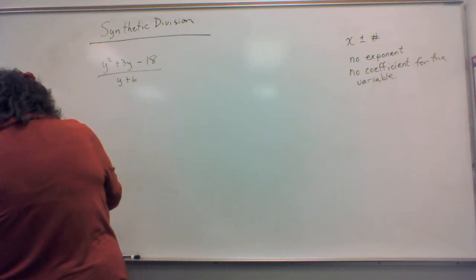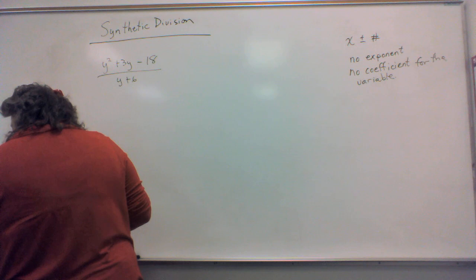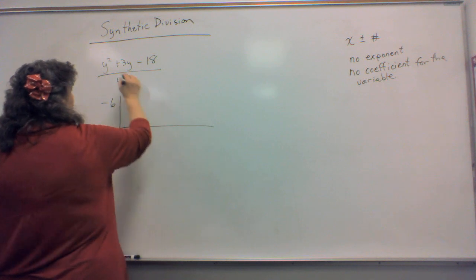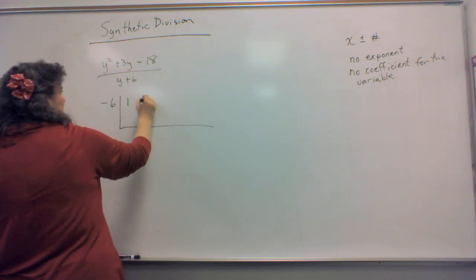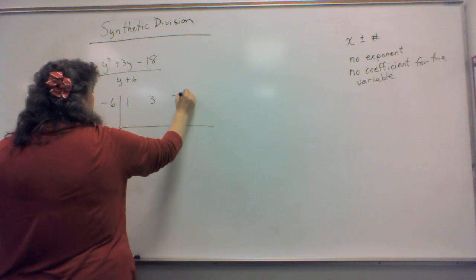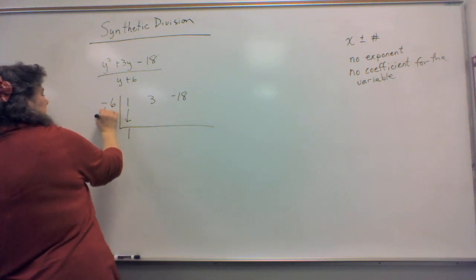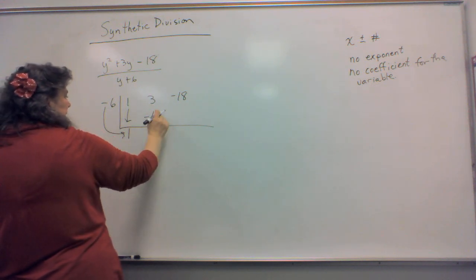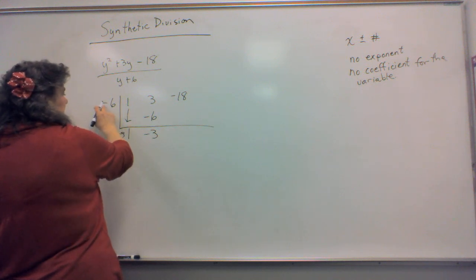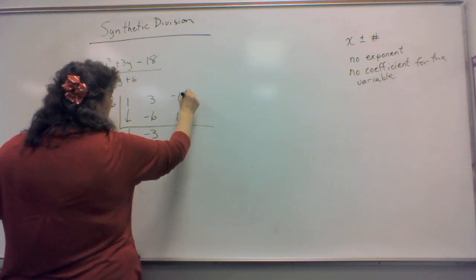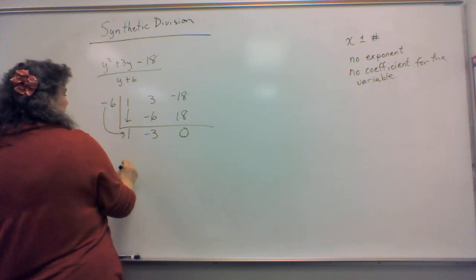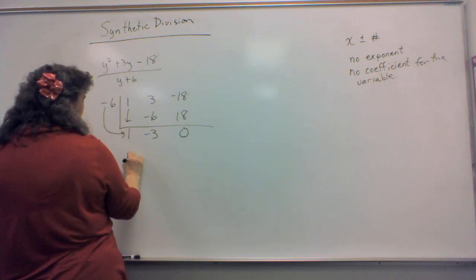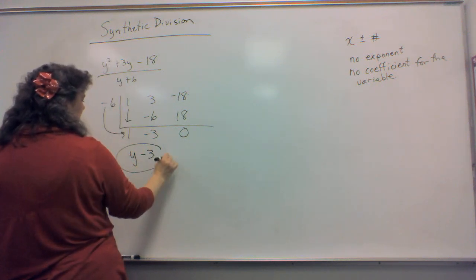Again, the opposite of 6 would be negative 6. My coefficients, nothing missing, so 1, 3, negative 18. Bring down your 1. Negative 6 times 1 is negative 6. 3 plus a negative 6, or 3 minus 6, is a negative 3. And negative 6 times negative 3 is 18. Negative 18 plus 18 is 0. So 1 is the coefficient for my variable, 1 less than what we have there. So this is y minus 3. There's your answer.